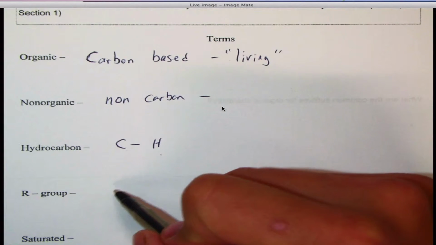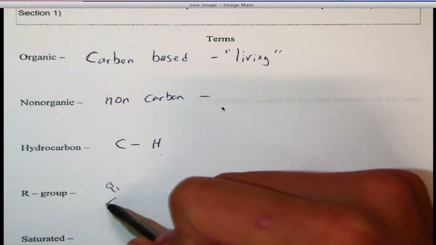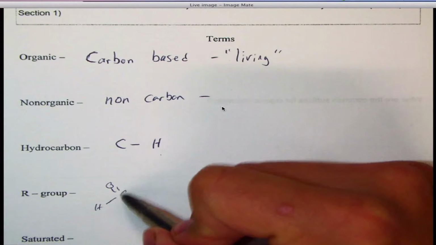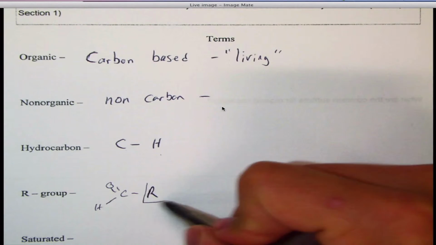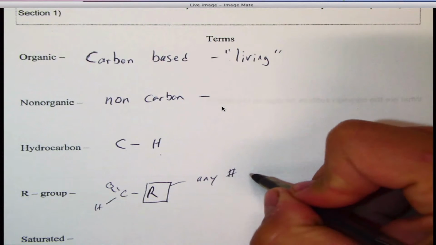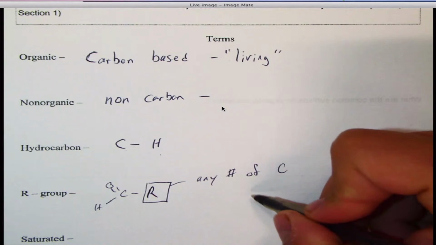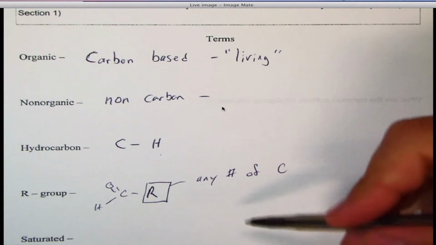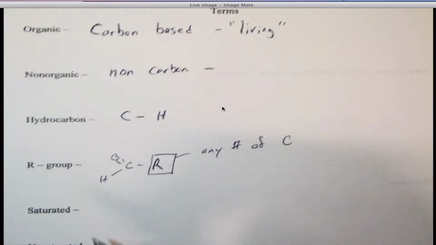In our group, lots of times you'll see something like this. And then you'll see this, and then you'll see something like that. You'll see R. R means you can have any number of carbons linked to this. All right, could be 10, could be 20, could be 15. So just realize this is a variable. It says any number of carbons.